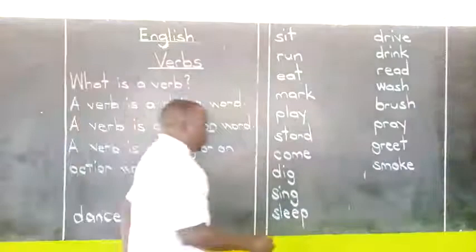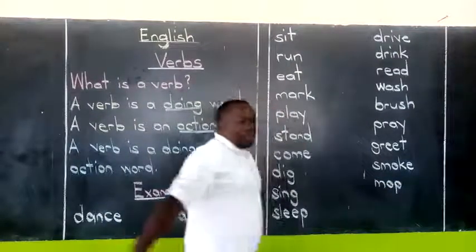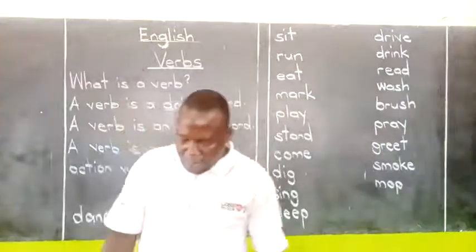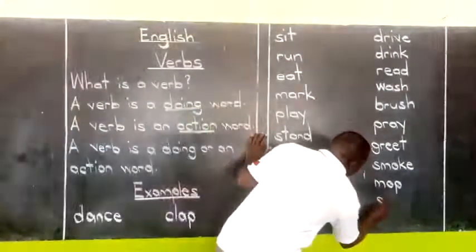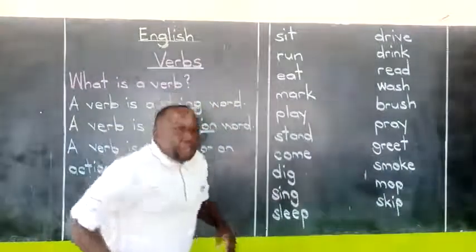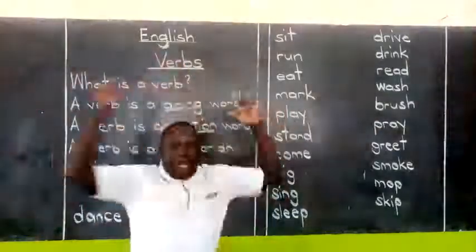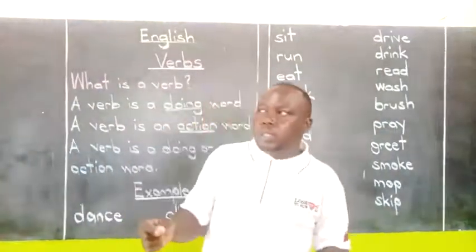We have mop. We have verbs like mop. You get a rag and mop. Skip. Most of you want that game. You skip using the what? A rope. That is why it is called an action word.